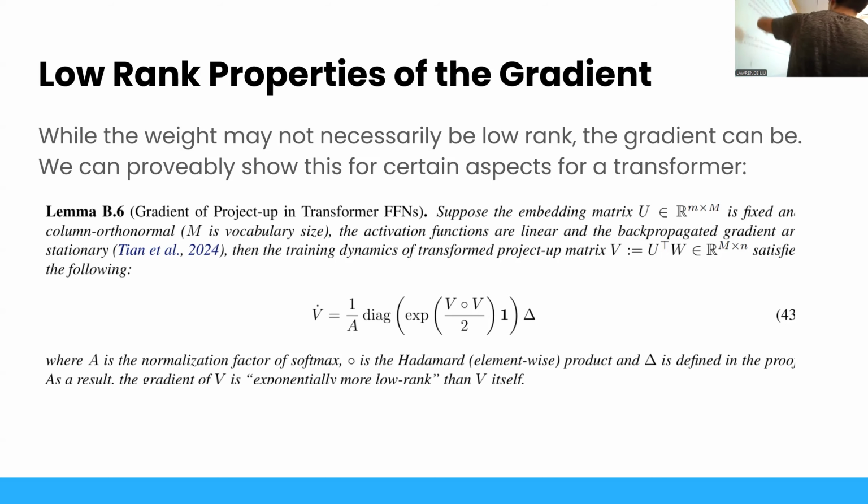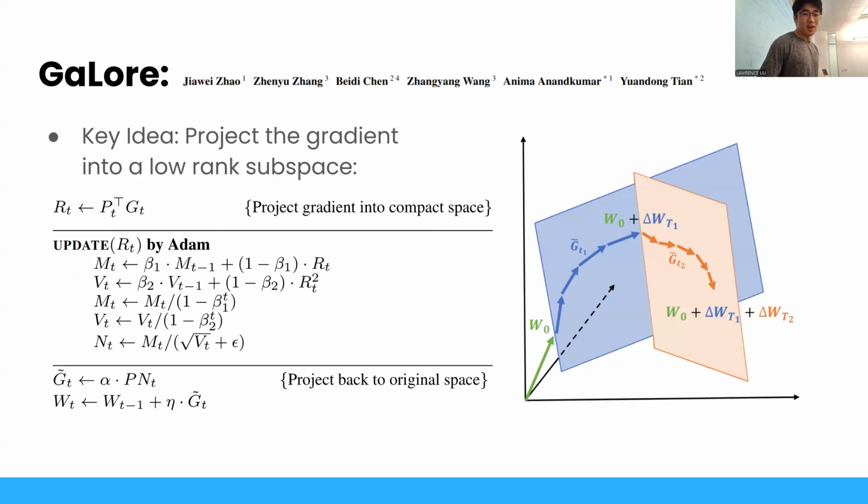Basically what this theorem shows is that the gradient of V is exponentially more low rank than V itself in a transformer. Note that this only holds for the up projection of a feed-forward network in a transformer and doesn't hold for anything else in a transformer. But when has theory ever stopped us from actually trying? Okay, so that's what GaLore comes up with.